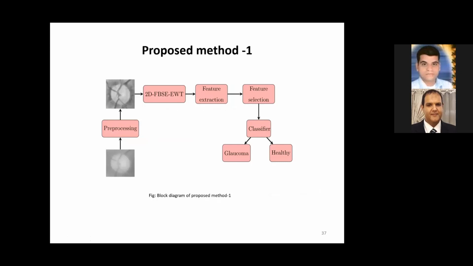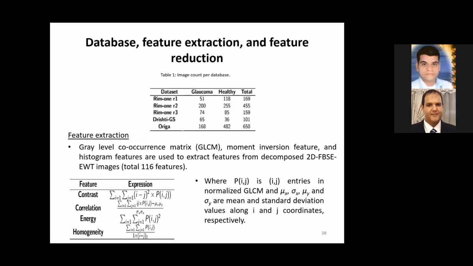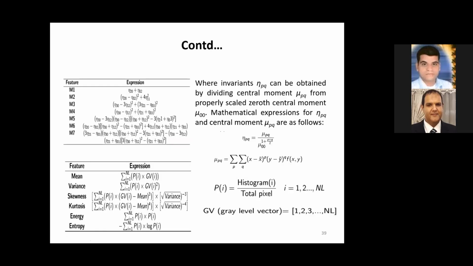For this study, we have used the datasets RIM-ONE R1, R2, R3, GS, and ORIGA. And then we have used GLCM based features, histogram based features, and some central moment based features.